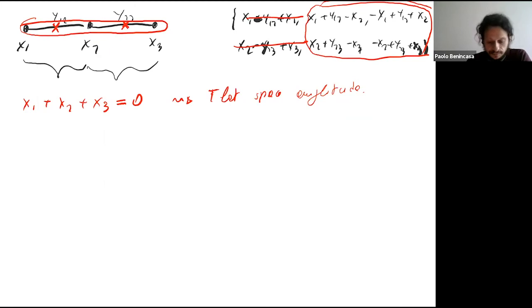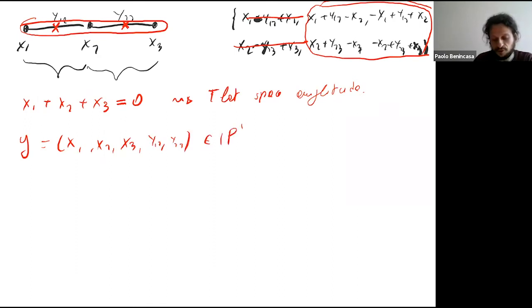In fact, if you compute the canonical function using these four vertices, this object lives in a space given by X1, X2, X3, Y12, Y23. So this is in P4.